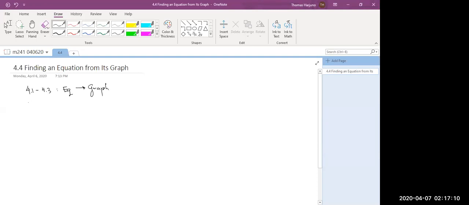Now in 4.4, we actually start from the graph, and by looking at the graph, we find the equation or the function. I said it tends to be on the easy side because you just need to know what to look for. Let's start, for example, with the easy one from number 6.